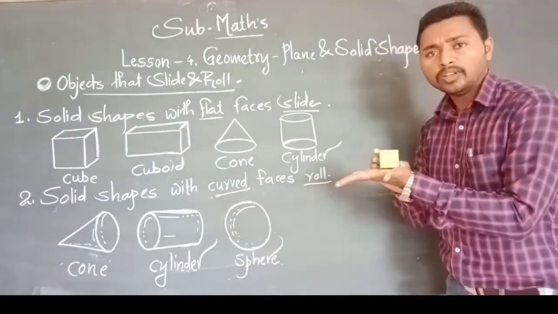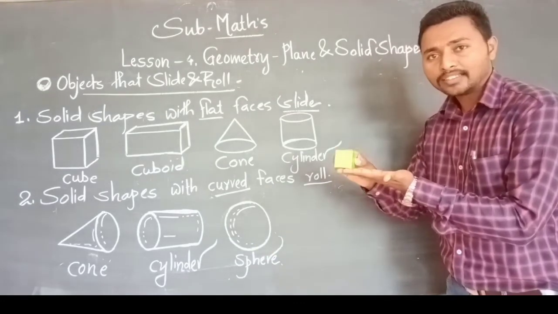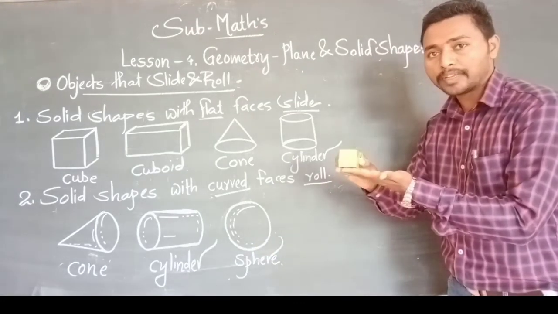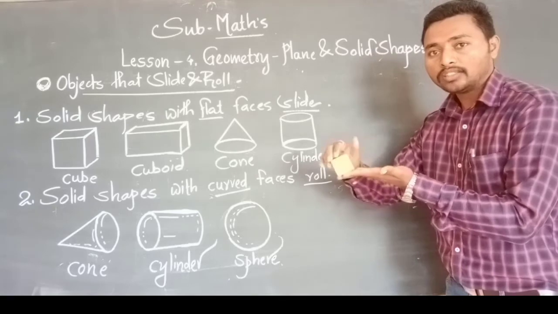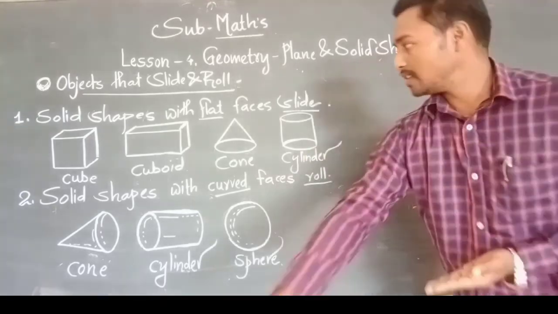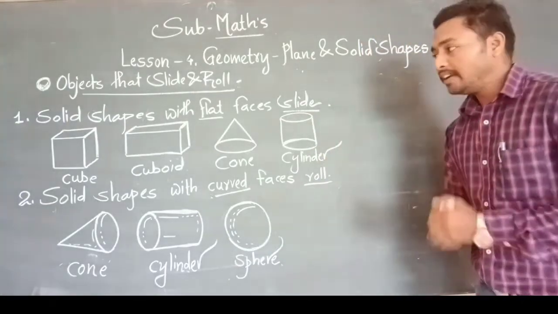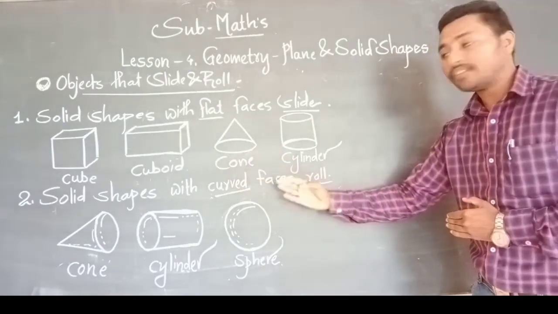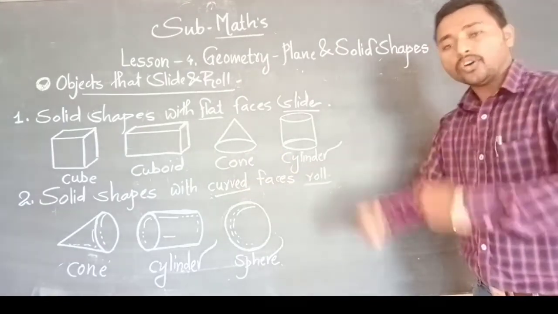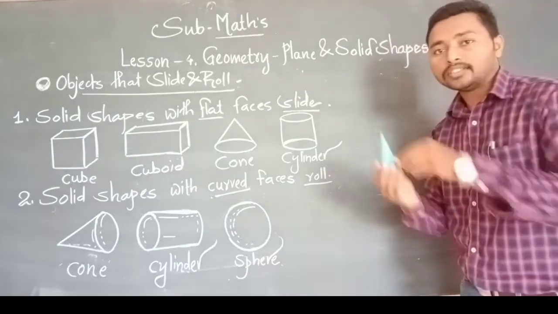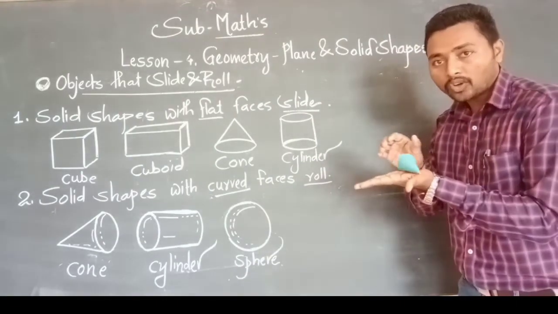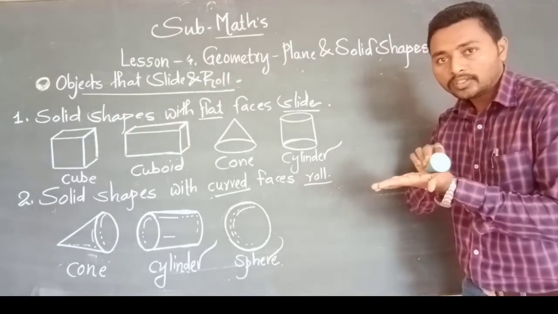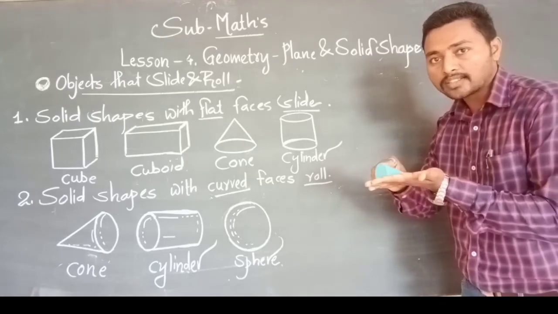This is a cube. We can slide this cube from one place to another place, but we cannot roll it as it is. Number 2, solid shapes with curved faces can roll. So I have this cone, so I can roll this from here to there.